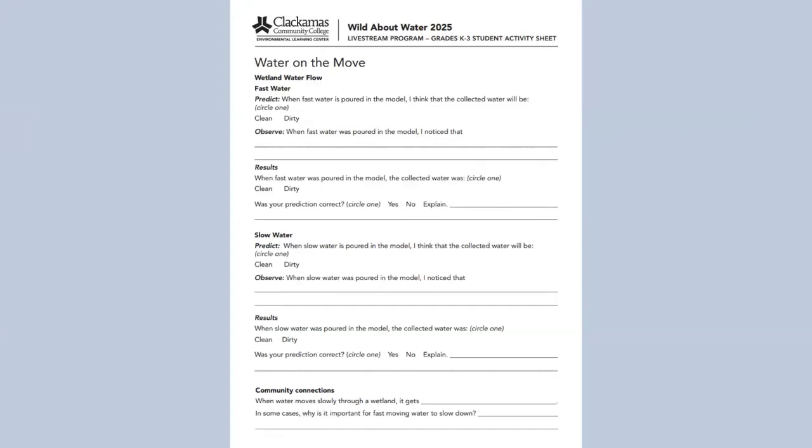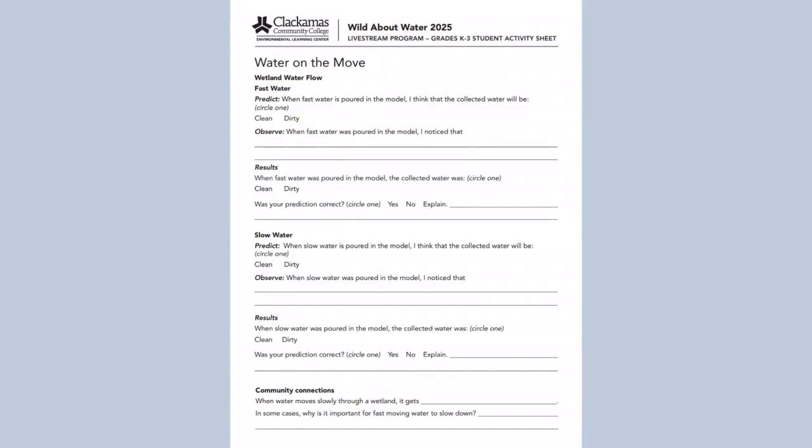When fast water is poured in the model, the collected water was clean or dirty, and you'll circle the answer. Was your prediction correct? Yes or no. You'll circle the answer there, and then you'll explain. So we'll have 2 rounds of the experiment with fast water and slow water, and you will follow along during the episode when we get to that point.